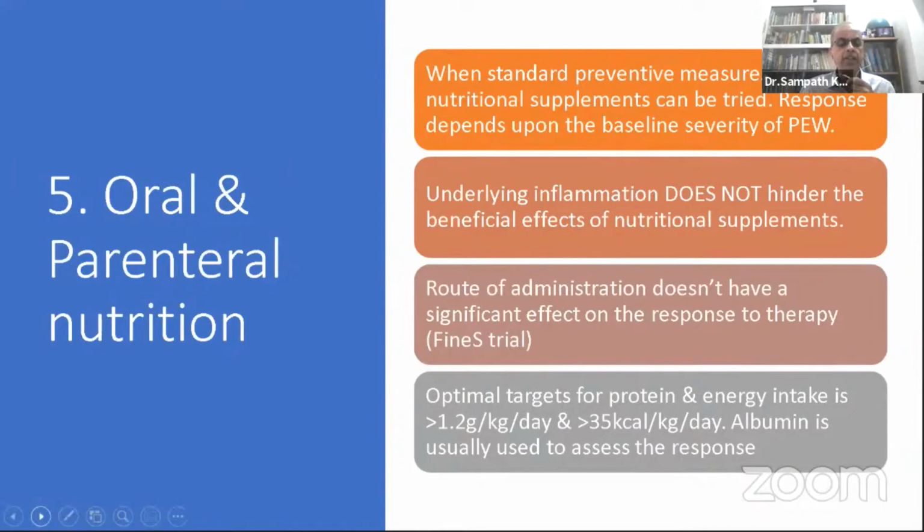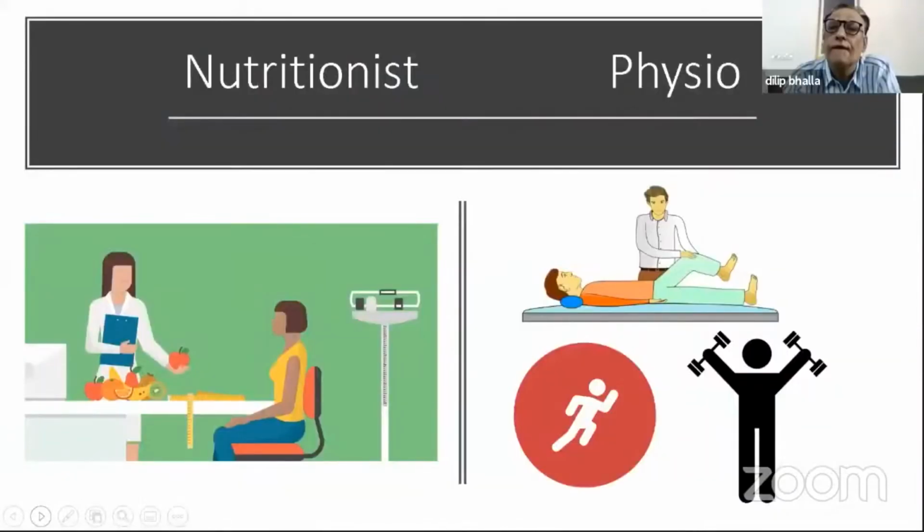In fact, a French study has shown that if the patient can eat and is able to have a reasonably good intake, then oral nutrition is the way to go. So you need to double up as a nutritionist and also a physiotherapist.